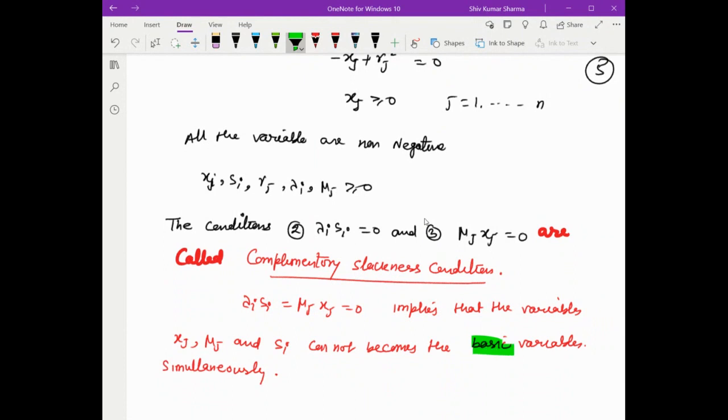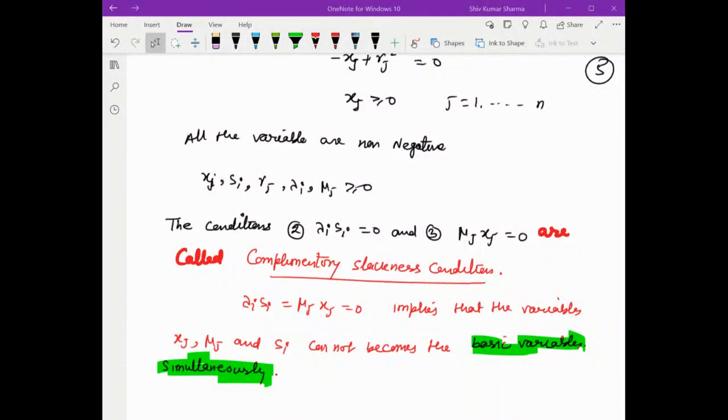You remember the word basic variables when you solve problems, that means when you solve the linear programming problem by using the simplex method. So we construct the table of the simplex method.